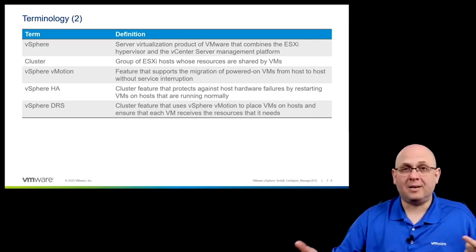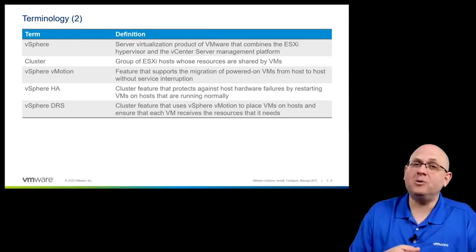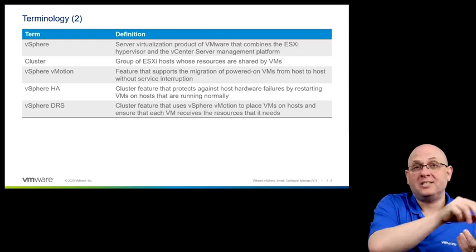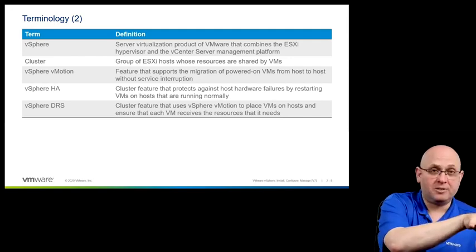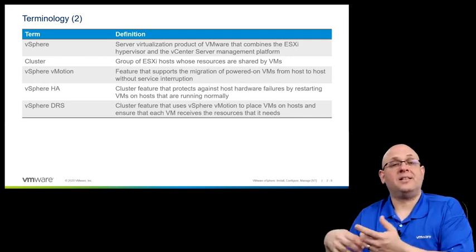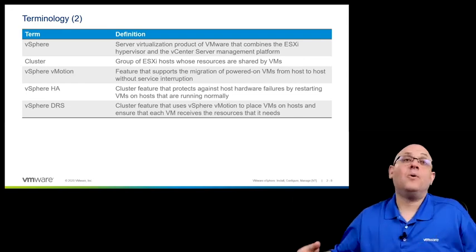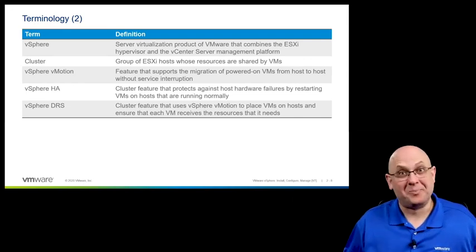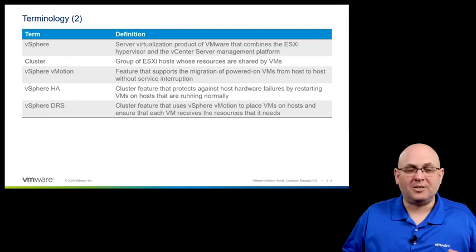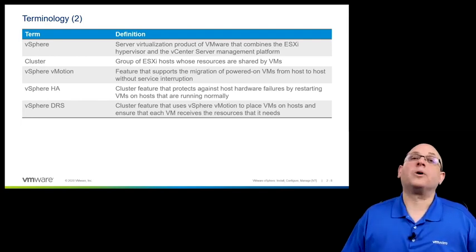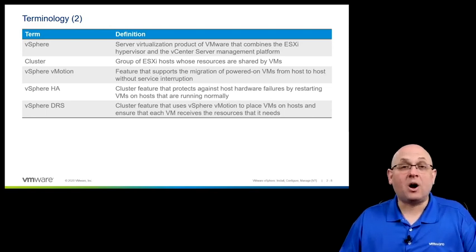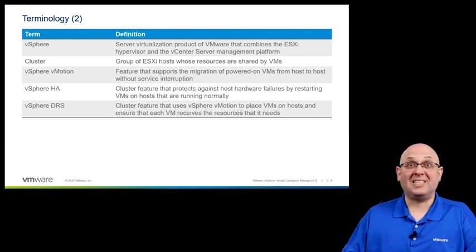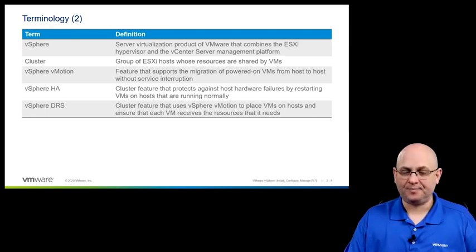Couldn't we automate some system utilizing vMotion to move some of the virtual machines from the heavily loaded host to another host with plenty of resources? Well, of course, absolutely. Otherwise, we wouldn't be talking about it, right? That's what we call our Distributed Resource Scheduler. And we're going to be talking lots more about HA and DRS in our cluster module towards the end of the class.